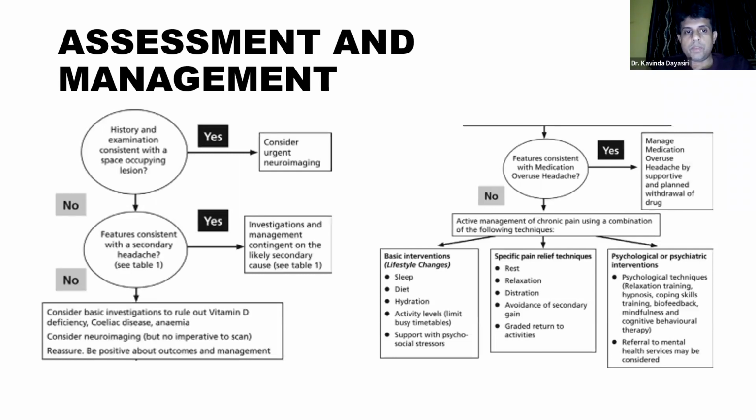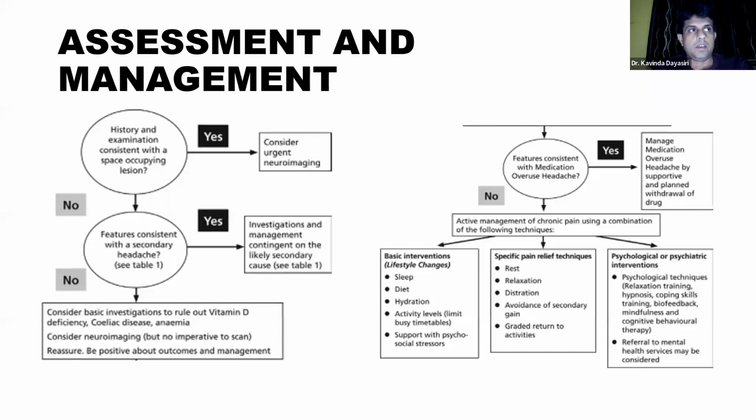So if I am to summarize the overall management of a chronic progressive headache: take a good history, good examination, and rule out a space-occupying lesion. If your concern is a space-occupying lesion, without delay, go for urgent neuroimaging. But if a space-occupying lesion is unlikely, then look for possible secondary headaches.